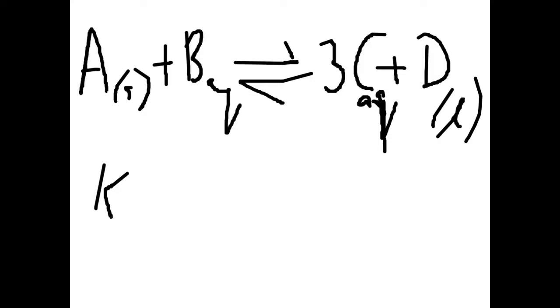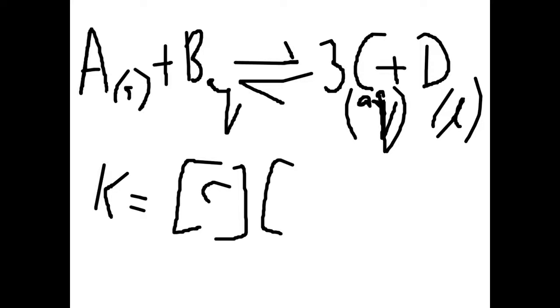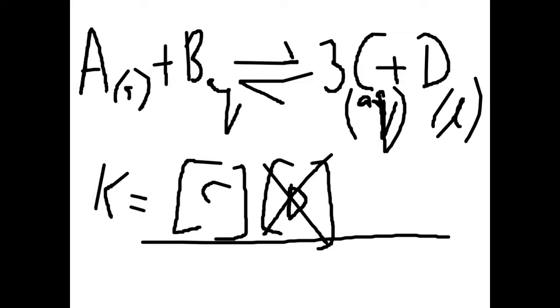The rule says equilibrium expression, K, is equal to the concentration of the products divided by the concentration of the reactants, correct? Now you need to pay attention to these, aqueous and liquid. Even though you're tempted to do C times D, should D be included? It's a liquid, so you don't include D in the formula.